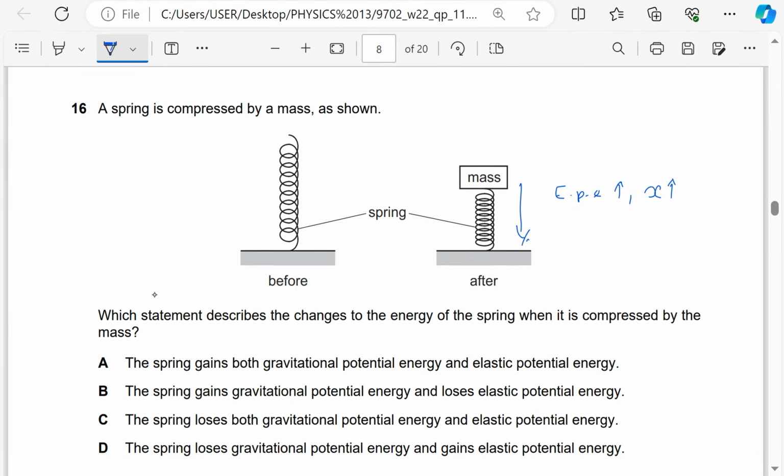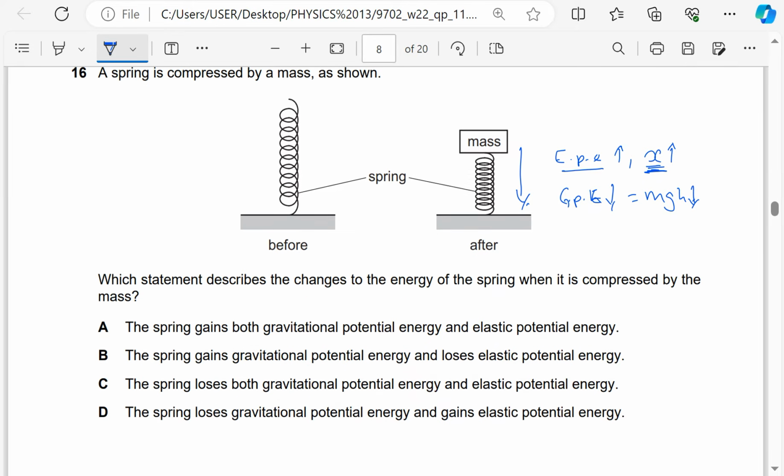But then gravitational potential energy is going to decrease because this one depends on mgh. The h is decreasing, the vertical height is decreasing, so it decreases. But elastic potential energy depends on the compression. The compression is increasing, so it means the elastic potential energy increases.